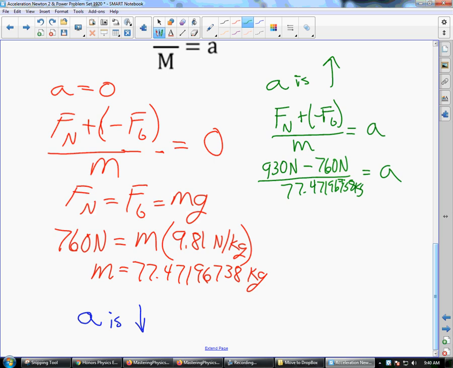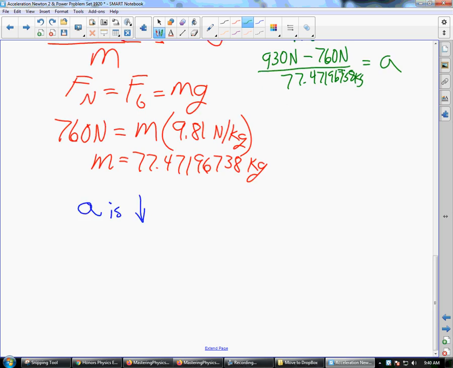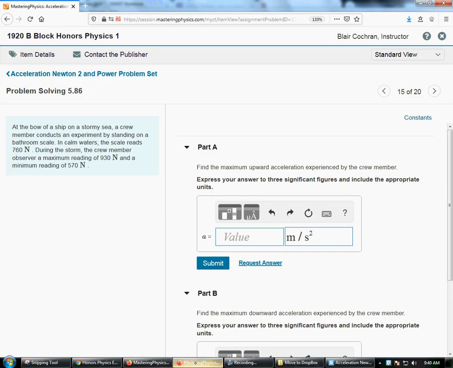And then we can keep going and do the exact same thing for the downwards one, except this time it's my minimum normal force, which for me is 570.